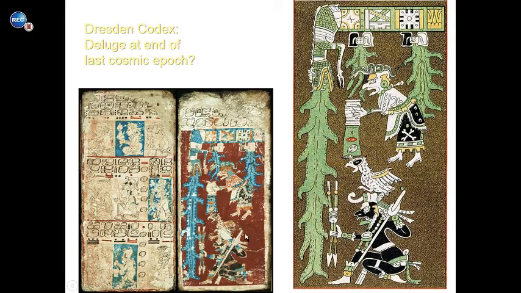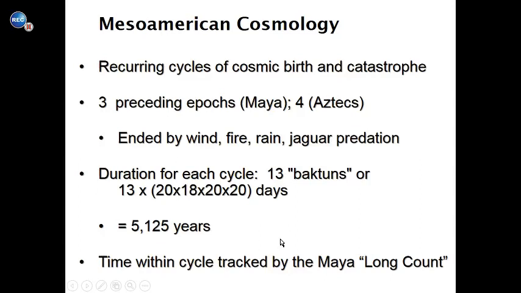You can see that there's a serpent, and it's doing something, but it just didn't look good. Their calendar had a bunch of epochs in it, and they told the story of what happened after each epoch: wind or fire or rain or jaguars.